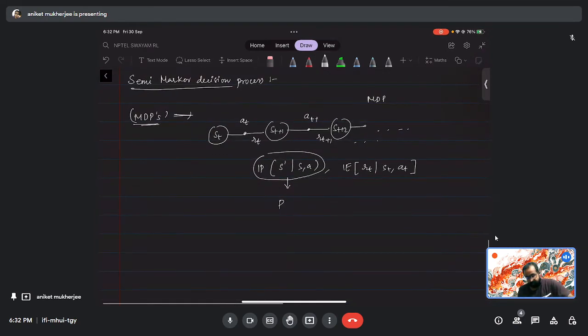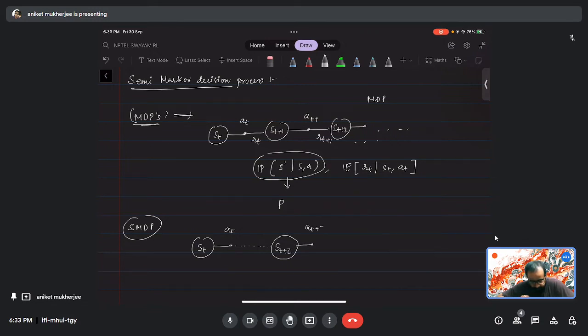Now in a semi-Markov decision process, SMDP, what happens is you have a state S_t, pick action A_t, and then it waits for a random time tau, and then you go to state S_{t+tau}. Now you pick action A_{t+tau}, and then you wait for a random time tau prime and go to S_{t+tau'}.